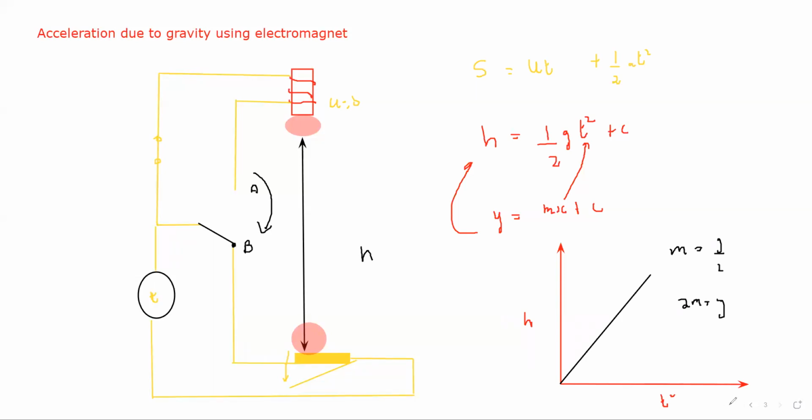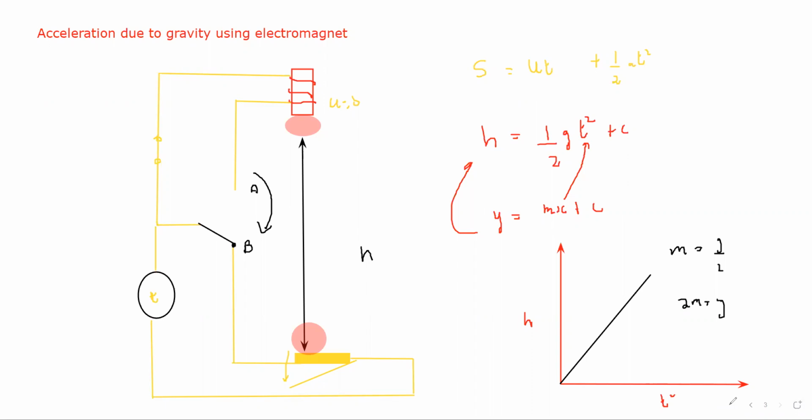Then we can also use a stopwatch or a camera. If we are using a camera, every camera has a constant number of frames per second, so using the frame rate and the number of frames, we can work out the time and distance. By using the same equation, we can find the acceleration due to gravity.